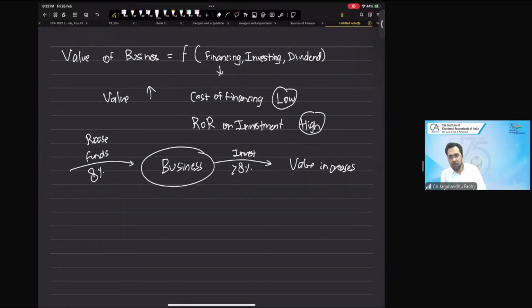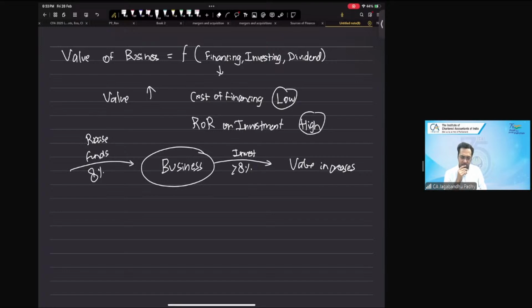Okay. Now the point is, a debate is ongoing. What will be the objective of the finance manager? The finance manager is involved in raising money from different sources and investing it into working capital or fixed assets. What should be the objective of the finance manager?